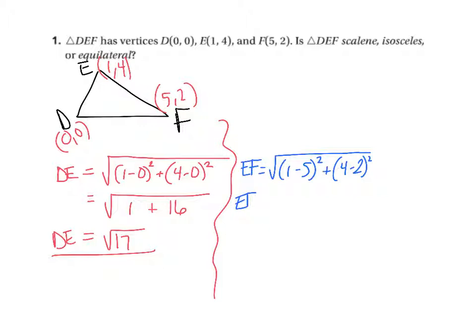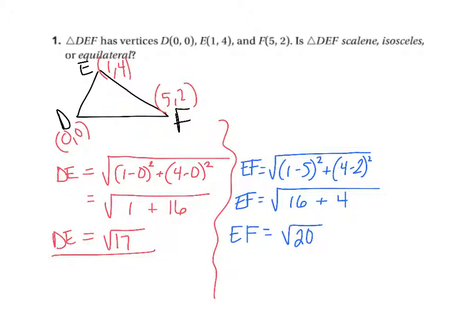And then go ahead and do that operation. 1 minus 5 would be a negative 4, but if you square negative 4, you get positive 16. Plus, 4 minus 2, that's 2, squared is 4. So I'm left with EF equaling the square root of 20.